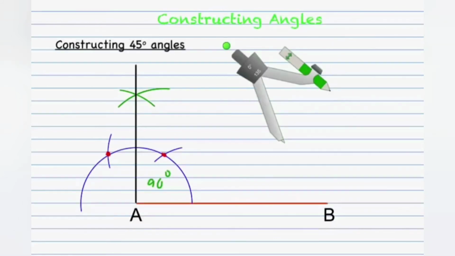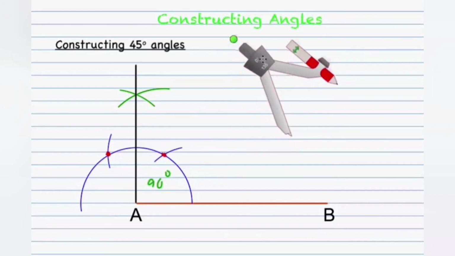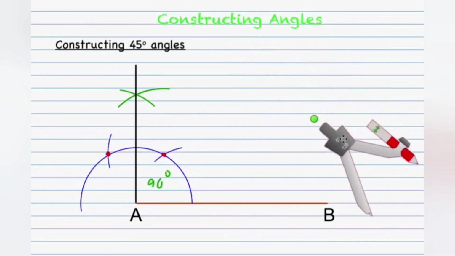Alright, the next angle to construct is 45 degrees. Now 45 degrees is a half of 90 degrees, right? So if we bisect angle 90 degrees, we would have angle 45 degrees.